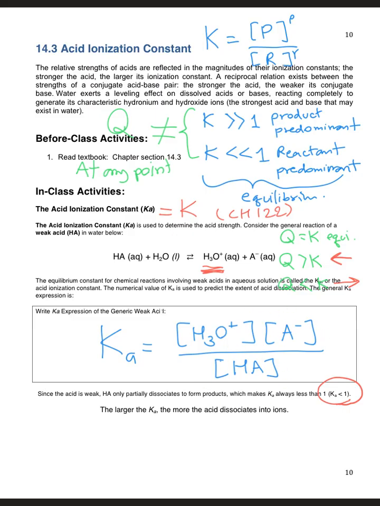So the larger the Ka value, the more product it gives off, which are the hydronium ions and its conjugate base. We can conclude that the larger the Ka, the more the acid dissociates into ions, so the acid would be a stronger acid. This is the reason why we can use the Ka value to determine the strength of the acid.